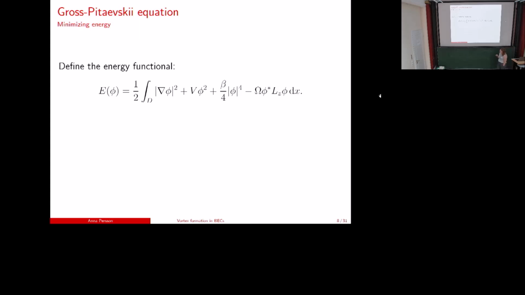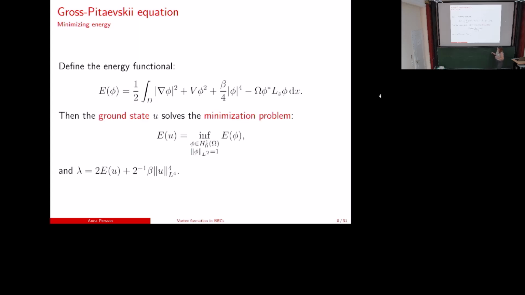So instead of solving the nonlinear eigenvalue problem directly, we usually go through the energy functional. So we define the corresponding energy functional to this problem. It looks like this. You have the first term coming from the Laplacian, you have the trapping potential, this comes from the nonlinear term, and this comes from the rotational term.